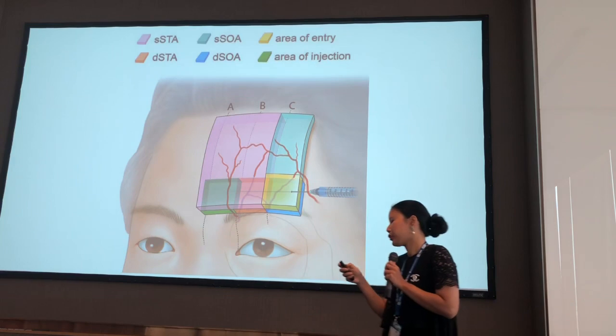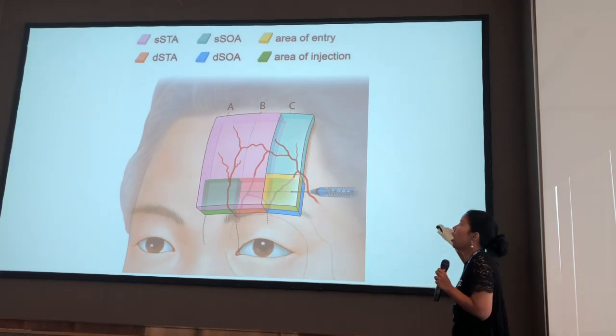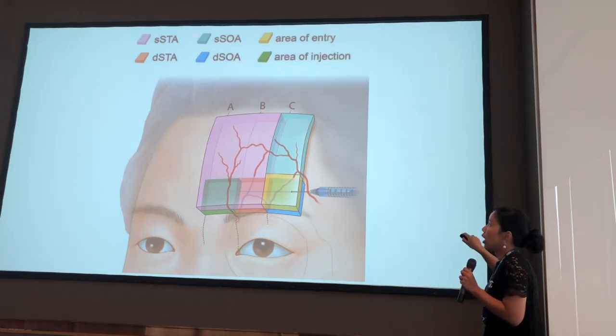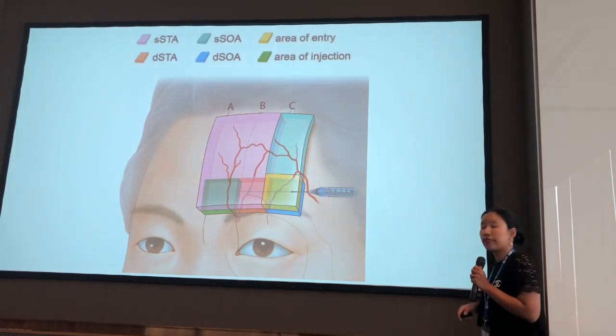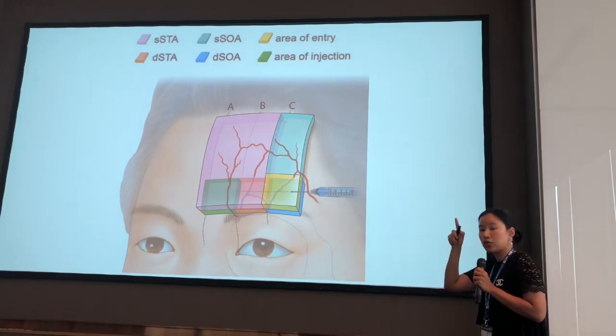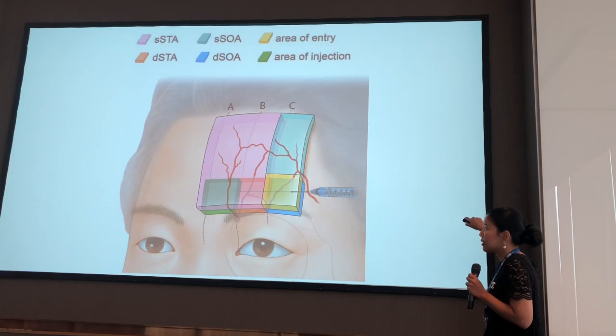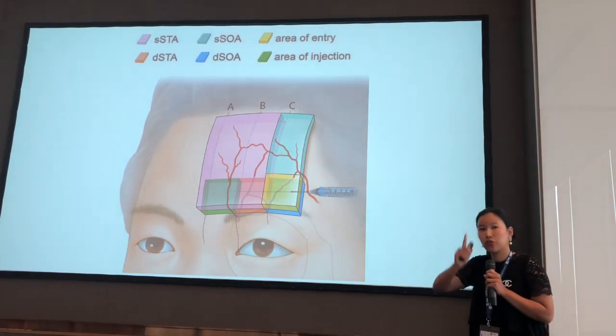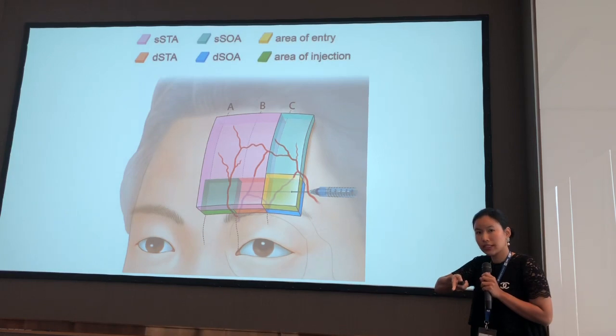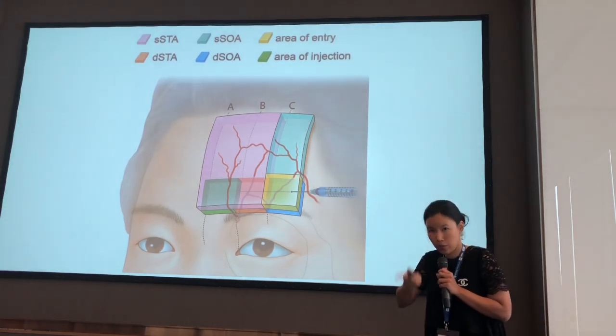And so, to sum up, the blue area is the area of the deep supraorbital artery. This green one is the area of the superficial supraorbital artery.